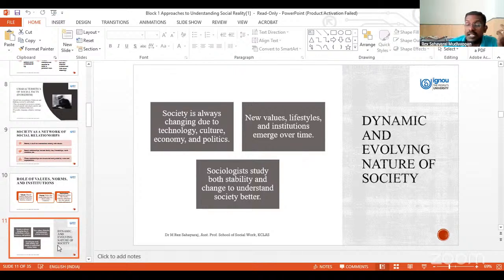For example, the dress code during marriage 20 years back was different. Now they wear suits and everything. It is different, which means that society is evolving. Society is adopting. The culture is being adapted, or there is a technological intervention into the culture.